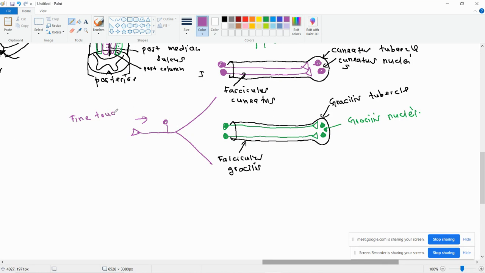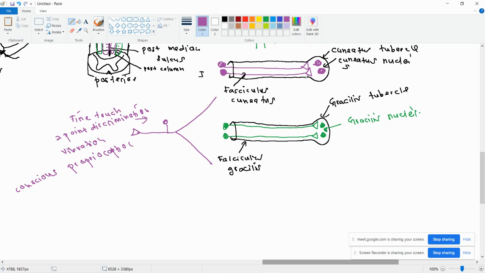Fine touch, two-point discrimination, vibration, and also proprioception, more specifically conscious proprioception.